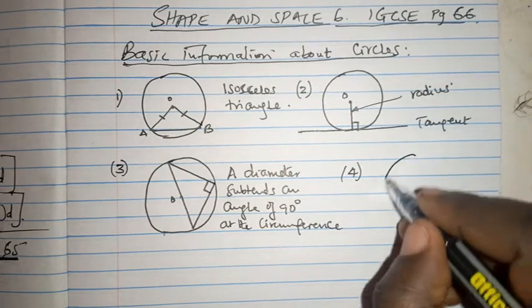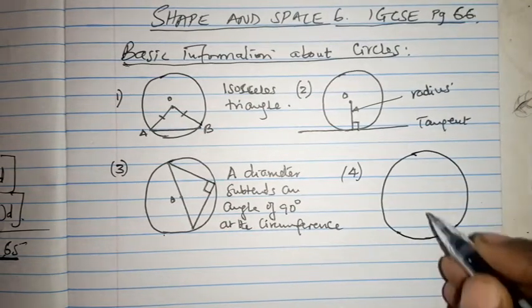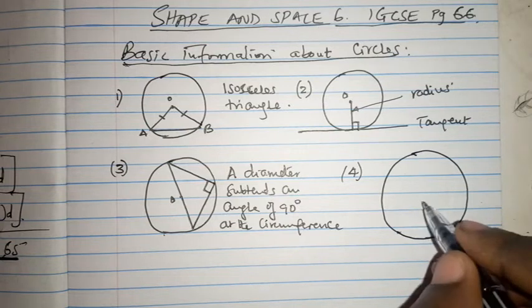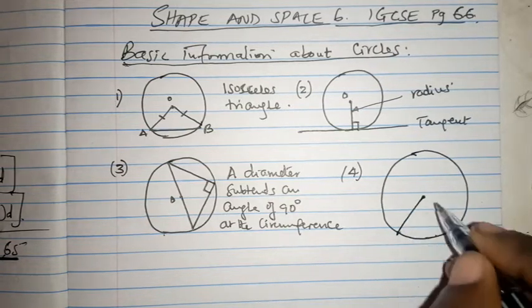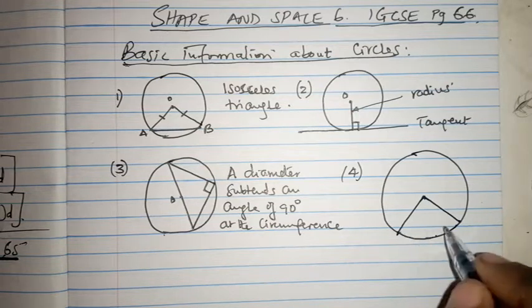And let's go to fact number 4. If you happen to have a circle which may look like this, never mind my circles, and then there is a center O, and there is that radius, and there is this chord.